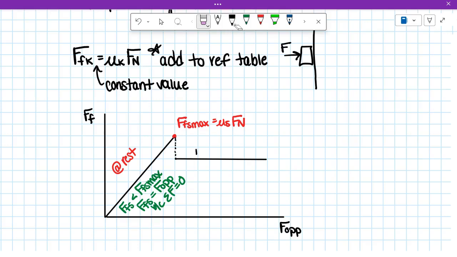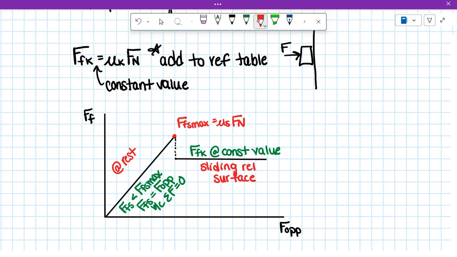So this is now where we have a force of kinetic friction, where we're at a constant value. And at this point, our object would be sliding relative to the surface. Again, I don't want to use the word moving because it's really the sliding that's important.